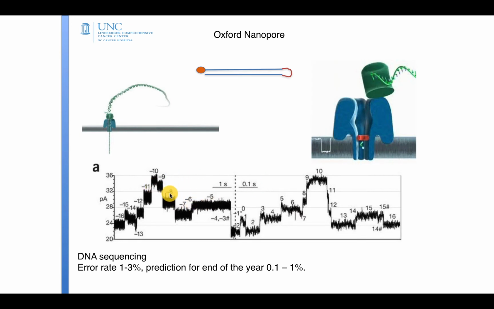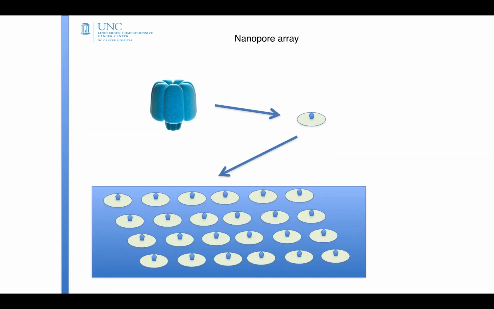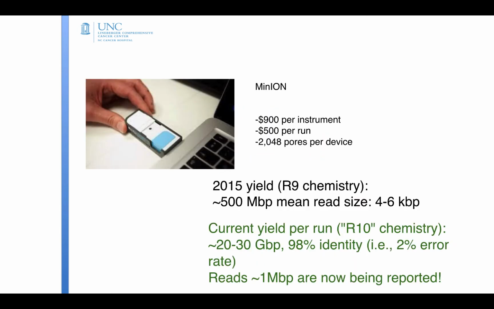Now, what's cool about this is that you can get really, really long reads. You can get up to 1 million base pairs in a single read or more. And it's really cool because it's not that expensive. The instrument is only about $900, and every run is about $500 last time I checked.